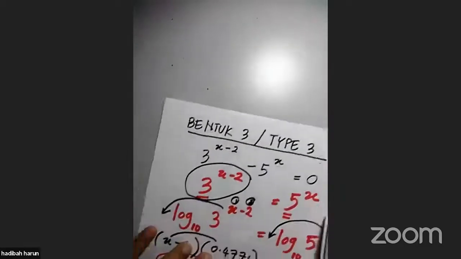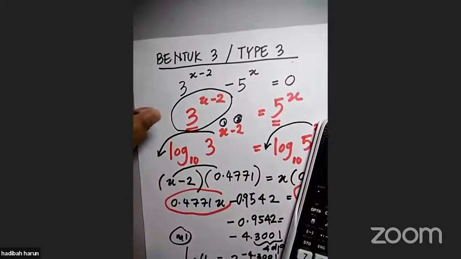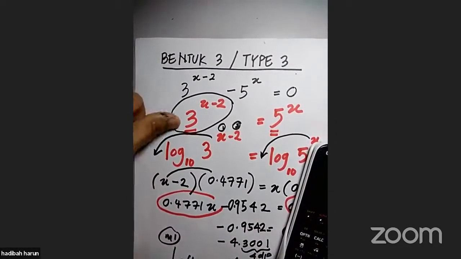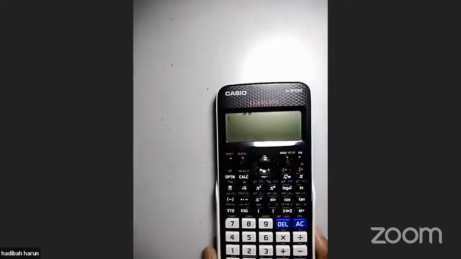Okay, on, pergi pada menu, calculate. Awak boleh guna yang pertama tadi atau yang kedua. Kalau pelajar tak tahu nak guna yang mana, tak apa, mana-mana pun boleh, tak ada masalah. Cikgu tunjukkan macam mana nak guna. Sebenarnya sama je macam tadi, tapi tak apalah, cikgu tunjukkan.